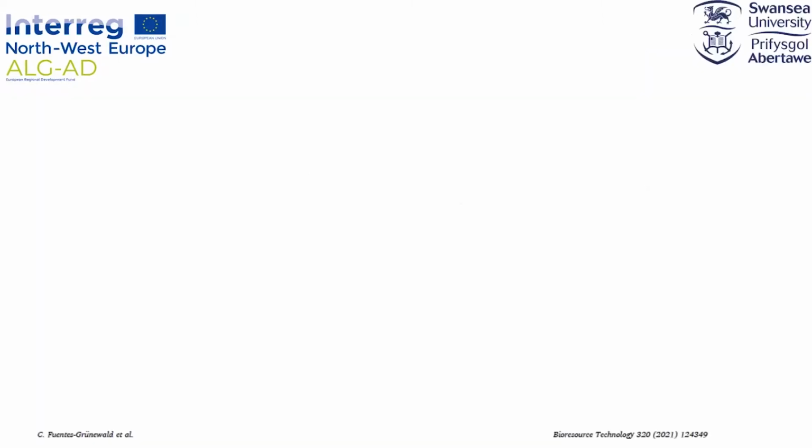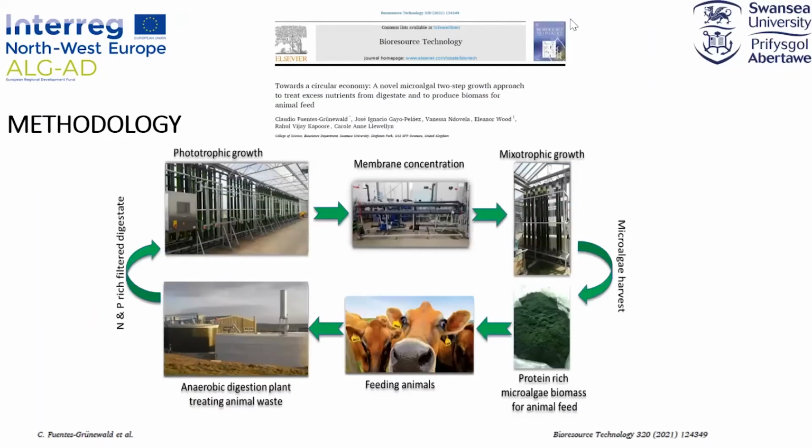Basically, for the methodology I will use the information that we published at the beginning of this year, 2021, and I will use the graphical abstract just to explain the way that we have done this work. We use the digestate that we take from the anaerobic digestion plant, as Darren mentioned, based in Langage in Plymouth.